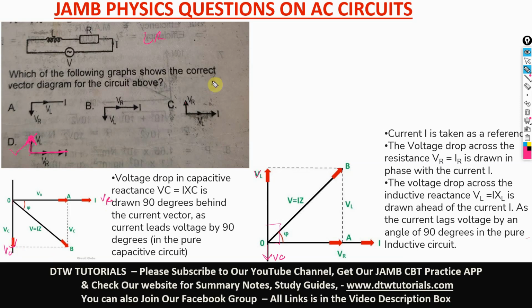So this is for an inductor. In case you are asked for a capacitor, what is the correct vector diagram? For a capacitor, it's going to be this way. VC will be here and VR will be here. Okay, so I think that's it for this question.